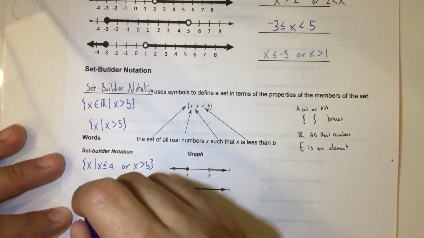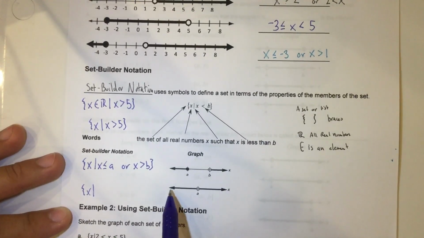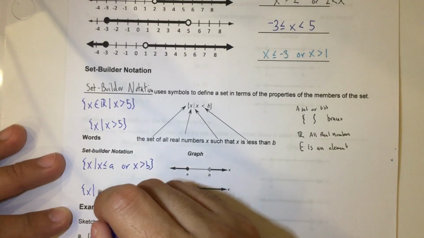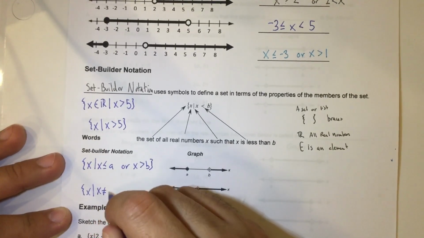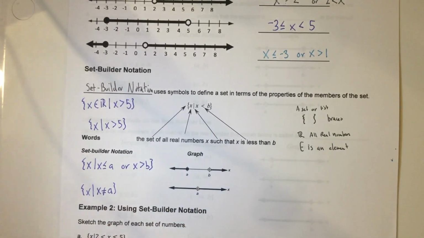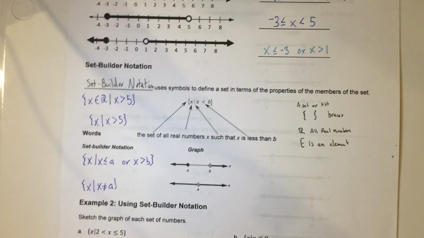And for the second one, braces x such that. Now here we can see x is actually the whole number line except for that a because there's an open circle there. So I can say that x does not equal a. Or I could say x is less than a, or x is greater than a, but just a cannot be included.